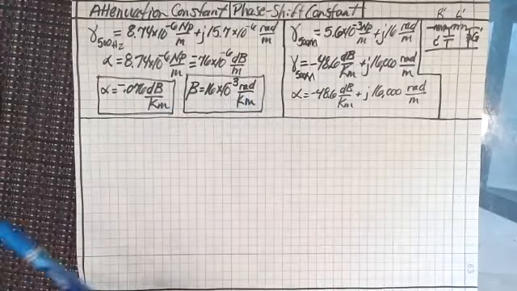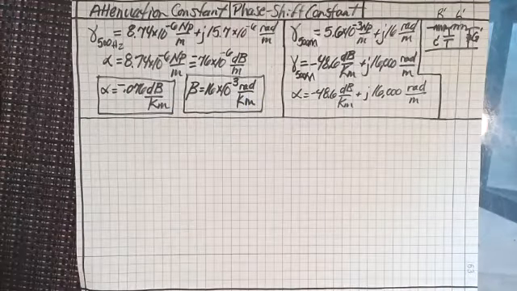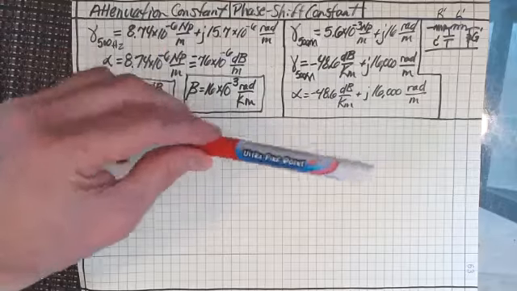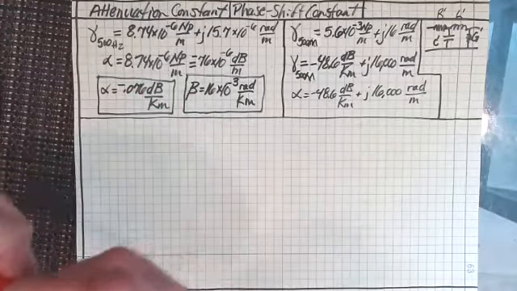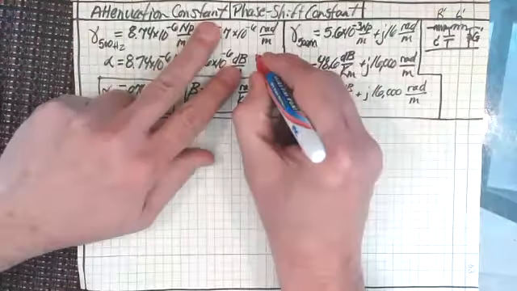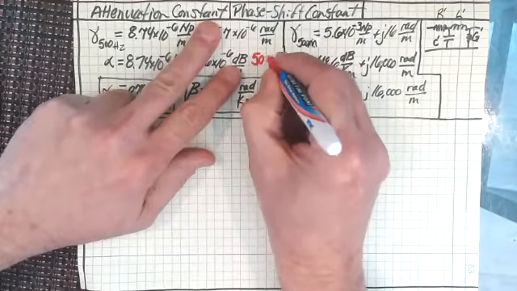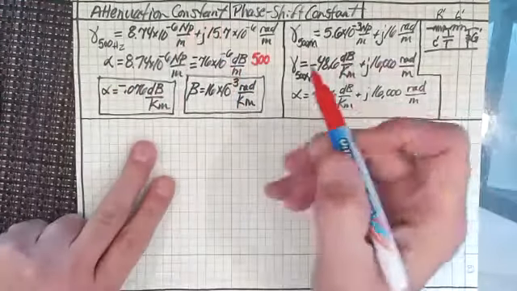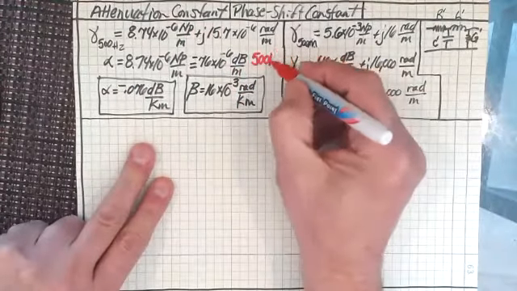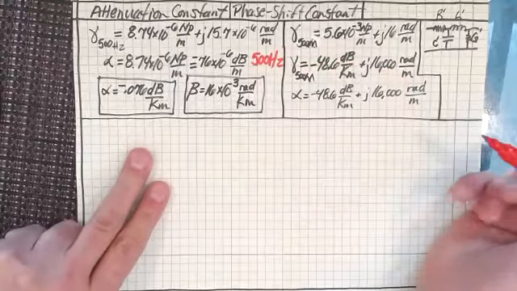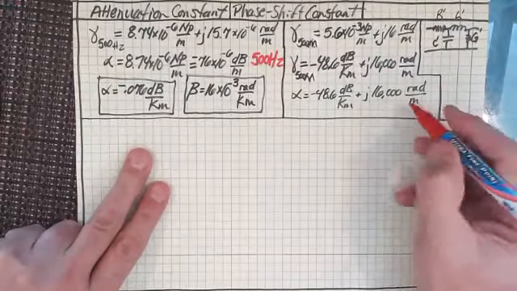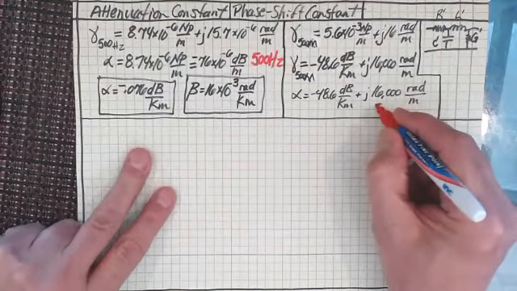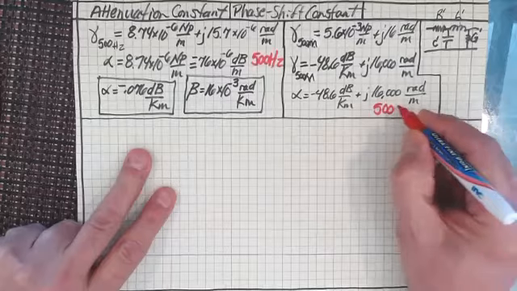But I also want to discuss, yes, I have found my red pen. So let's just make a big circle here. That's 500 hertz on the left side. And over here on the right side, this is 500 megahertz.